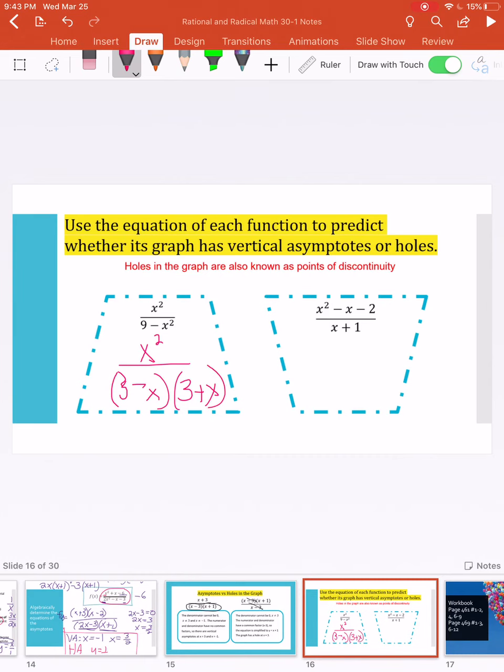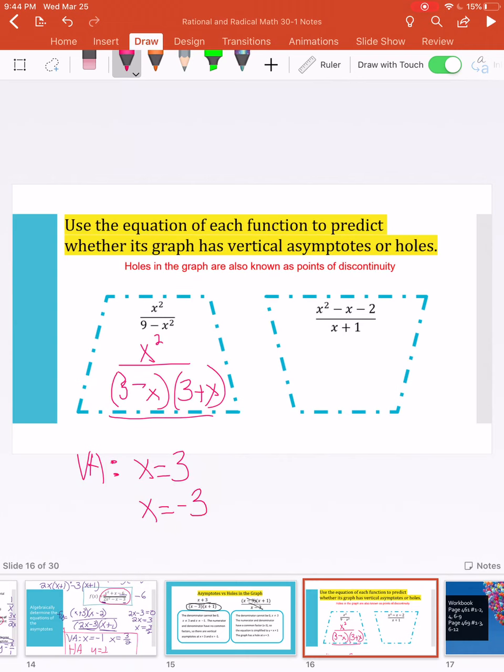Nothing ends up canceling out here, so both of these factors will give me vertical asymptotes. So I will have a vertical asymptote when x equals 3 and when x equals negative 3.